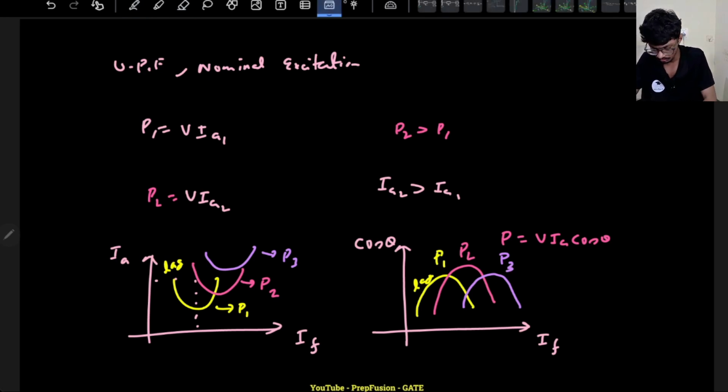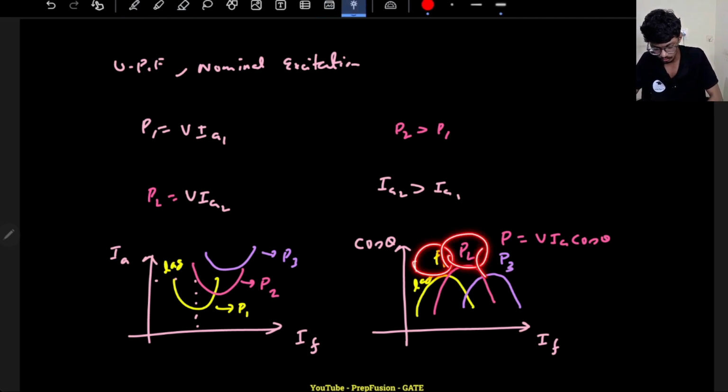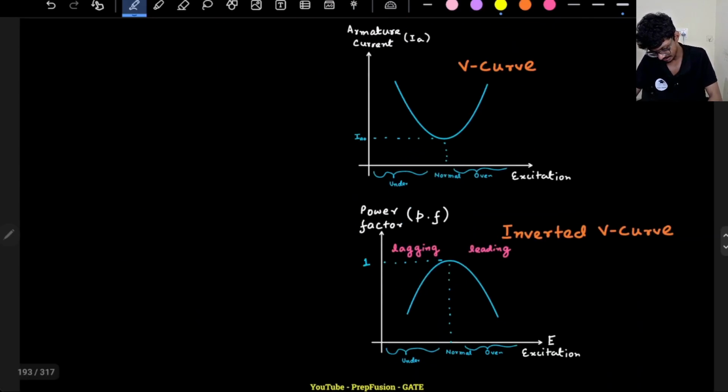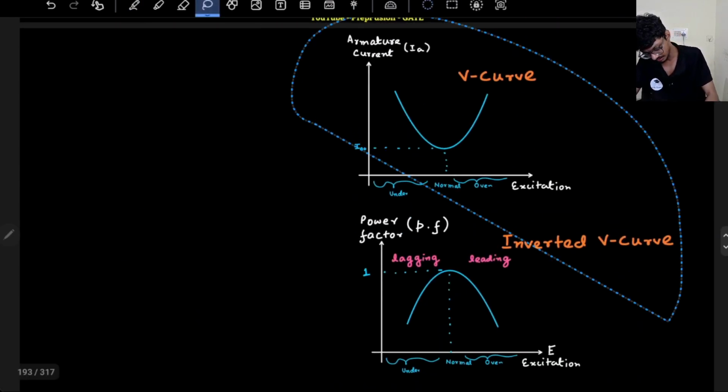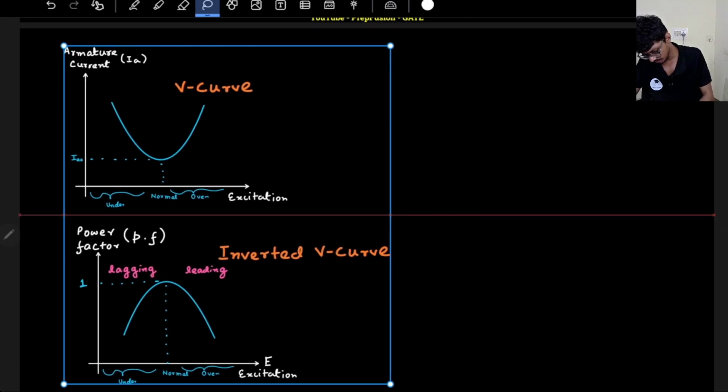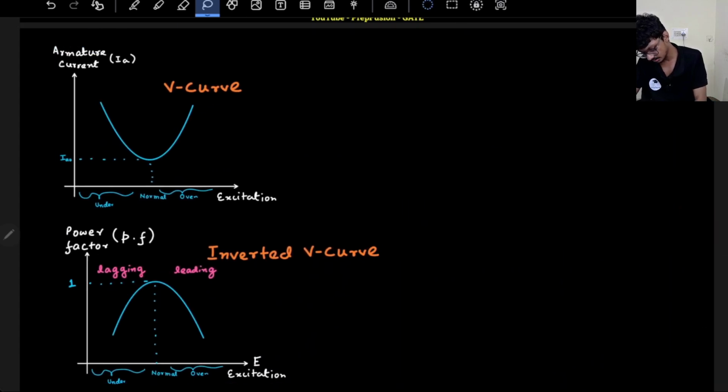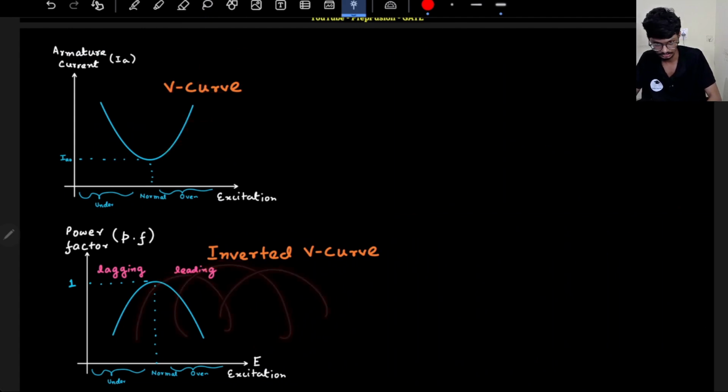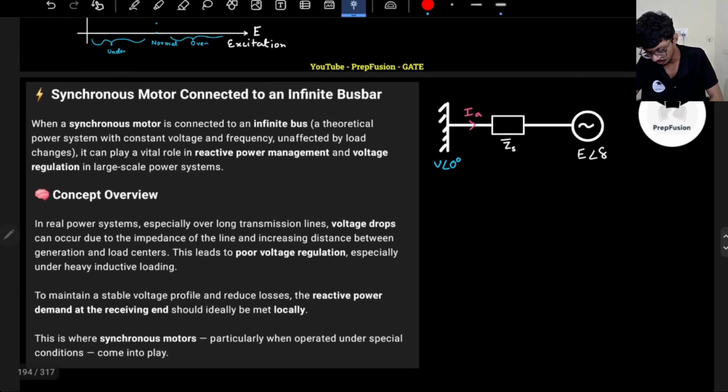P1, P2, P3, so the graph will just shift rightwards. These are the V curves and the inverted V curves. If I keep on increasing the power, the graphs will just shift to the right hand side. There is one more way to explain; I will explain it with a question.